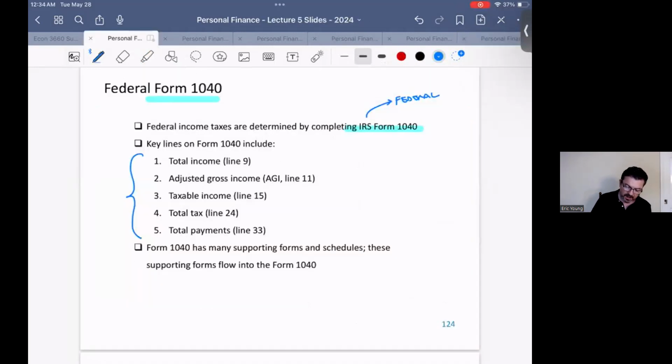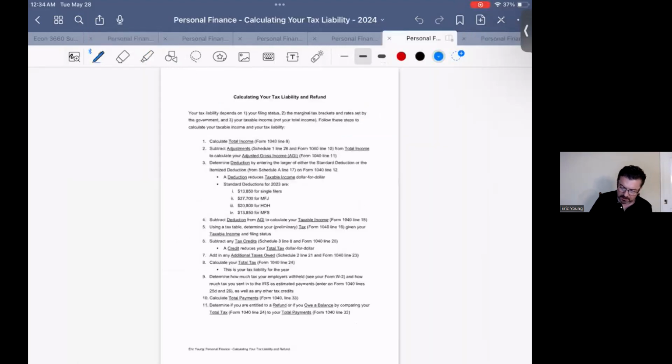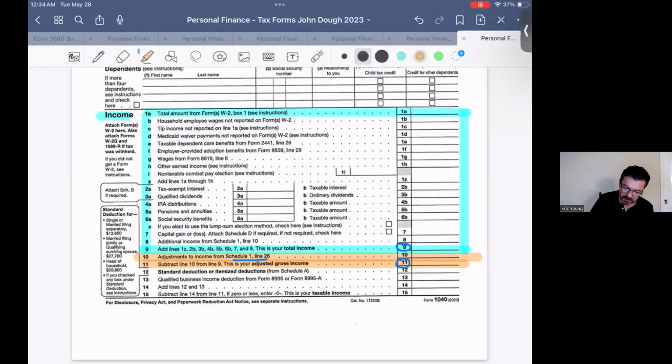The third one, and this is the really important one, is your taxable income. Your taxable income is on line 15 of your tax return. So we'll go here to green, and you can see here that it's on line 15, which means that it takes into account these lines here.